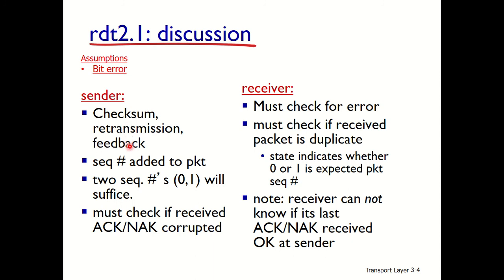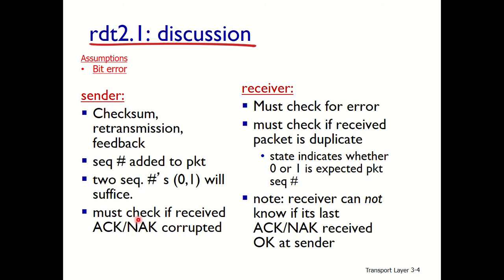Then we also discussed that the acknowledgement and negative acknowledgement can also be corrupted. So we discussed that we don't use a feedback mechanism for the acknowledgement and negative acknowledgement.